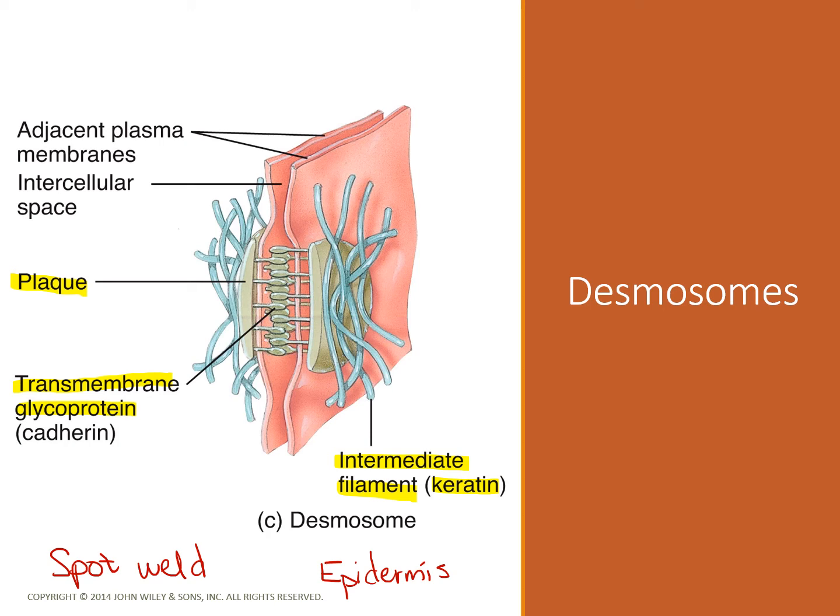These connections prevent epidermal cells from separating under tension, and they help cardiac muscle cells from pulling apart during contraction. They're called spot weld connections because it's just one little spot of plaque that attaches these cells together by these transmembrane proteins, instead of a belt like the adherens junctions. So they're different in that way.